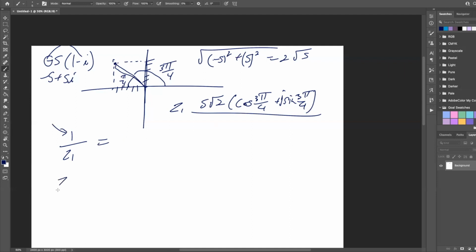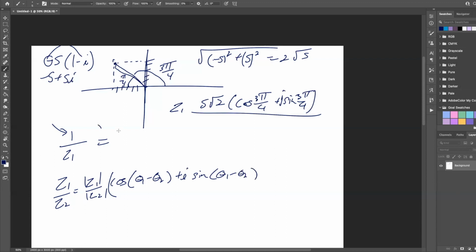If we had z1 over z2, this is equal to the ratio of the magnitudes times cosine of the argument of z1 minus the argument of z2, plus i sine of the same.